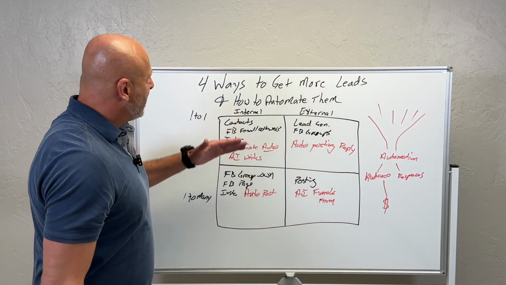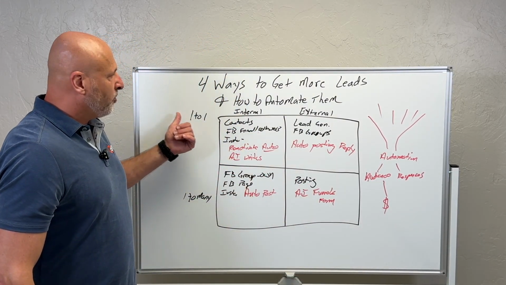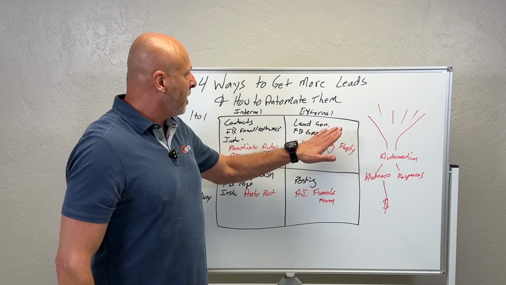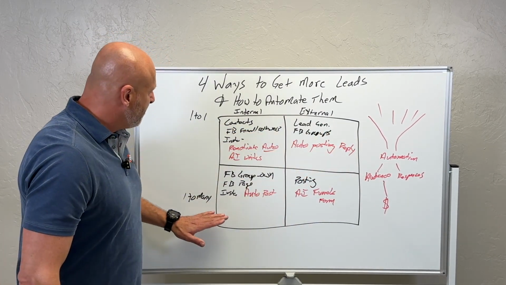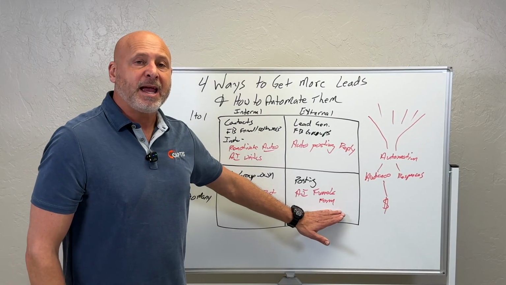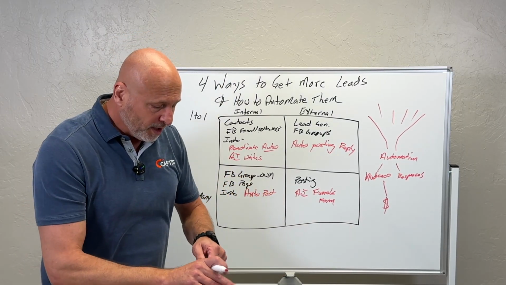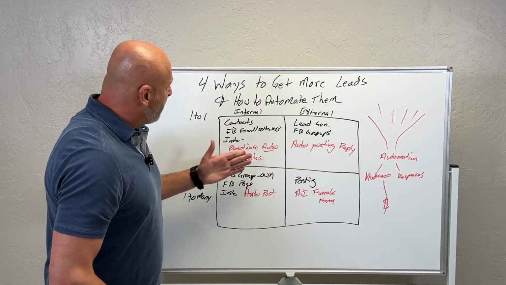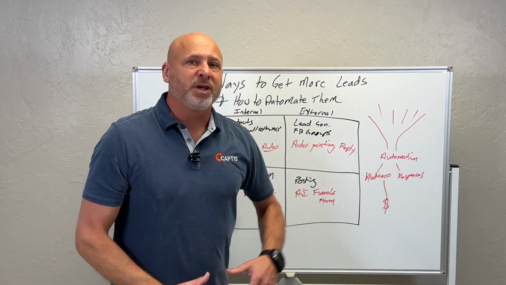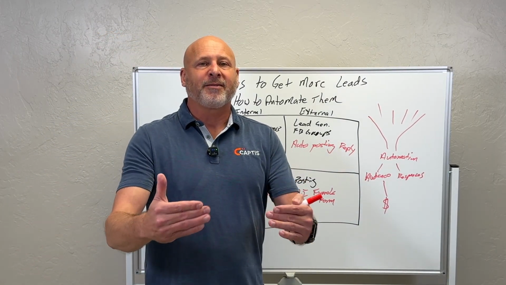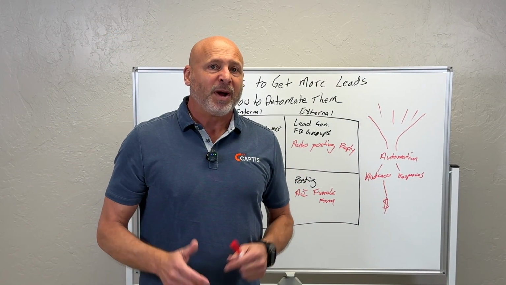So there are 4 ways that you can get more leads: one-to-one internal, one-to-one external, one-to-many internal, one-to-many external. And it's real easy to implement the automations that help you do this automatically and relieving a lot of the stress that's involved by doing it manually.